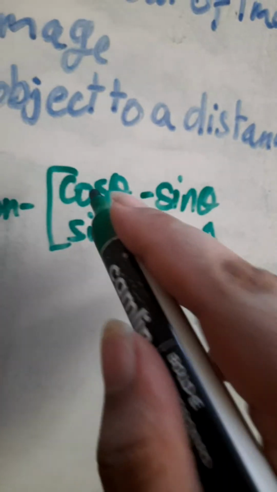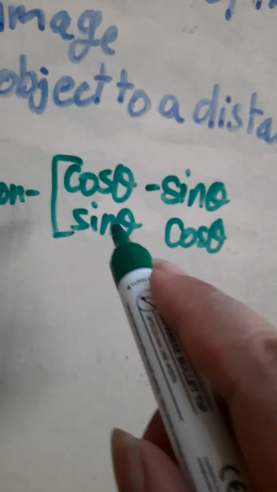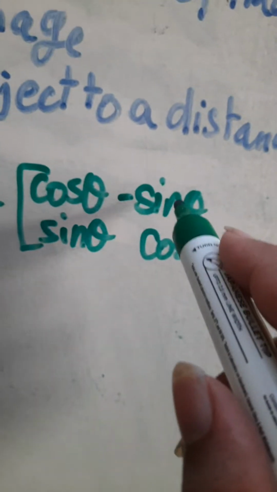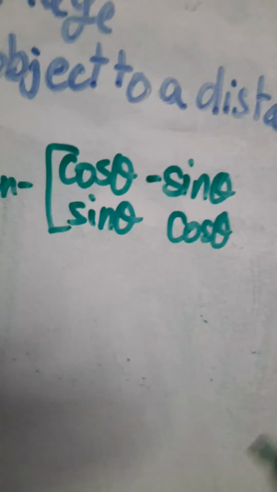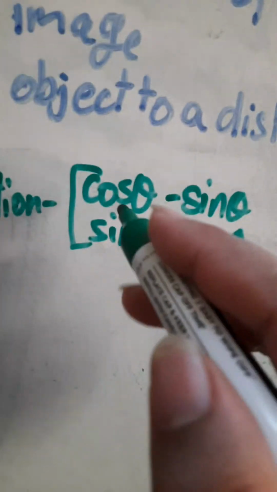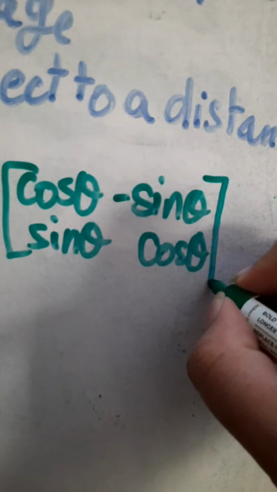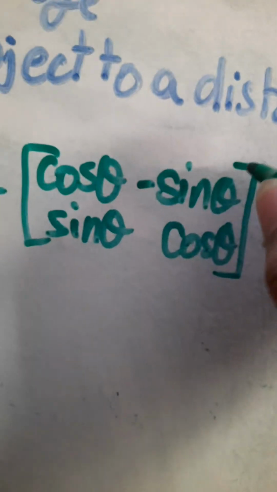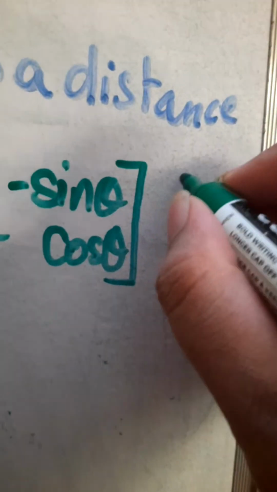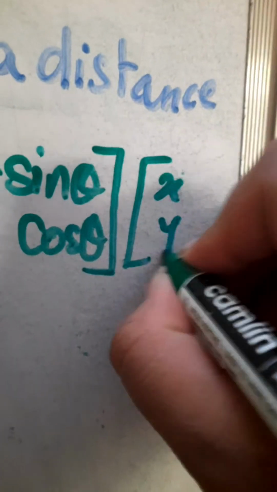You just have to invert the positions, like the derivative of cos theta is minus sine theta, the derivative of sine theta is cos theta. Or you can just remember that in the diagonals the same things are there with opposite signs, but cos is an even function, so there is no negative sign. Sine is an odd function, so there is a negative sign in the diagonal. Okay, and in rotation you have to write this and x and y.